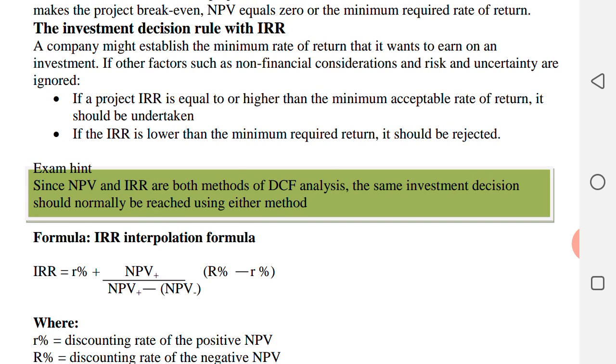But if by the time you calculate the IRR it is equal to or higher than the minimum from the project, then the project should be undertaken. You should accept the project.